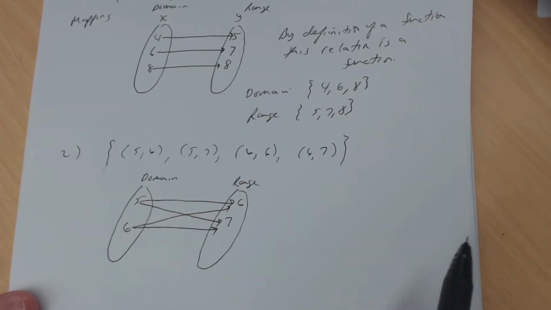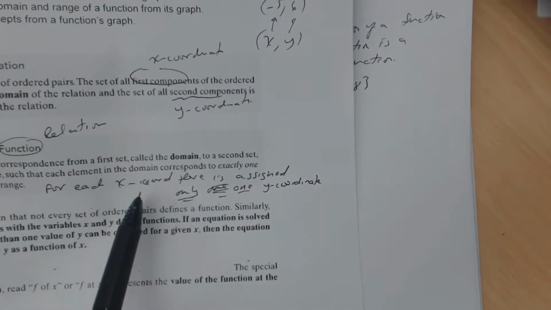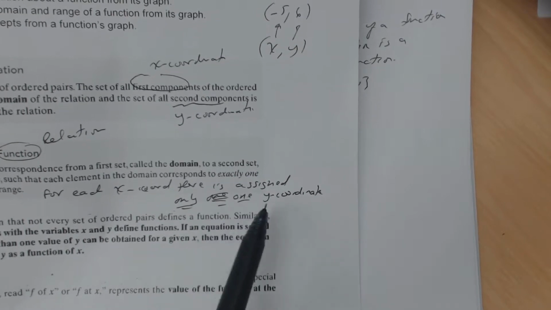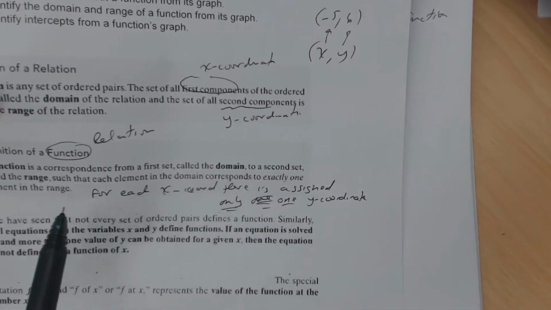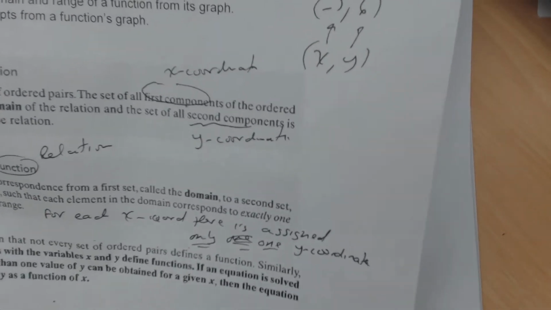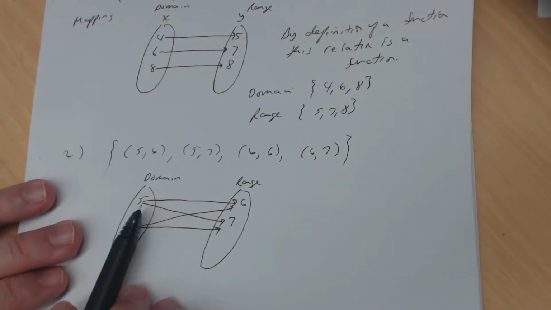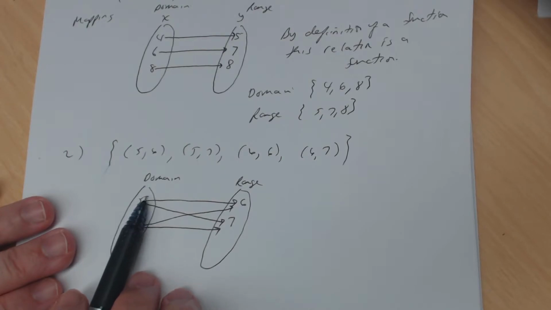All right, so let's look at the definition of function again. For each x coordinate, there is assigned only one y coordinate. For each element in the domain, there corresponds exactly one element in the range. So if you look at this, when x is 5, for this element 5 that's in my domain, is it assigned only one y value?